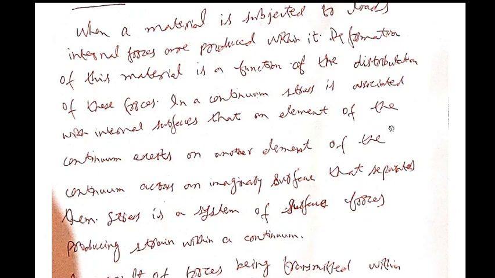If you have a continuum and you separate it into two parts with the help of an imaginary surface, one part is on one side of that imaginary surface and the other part is on the other side.